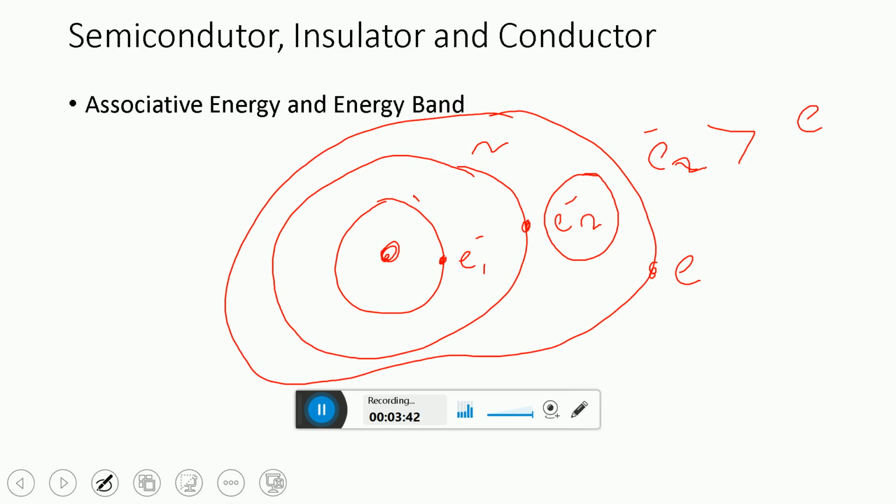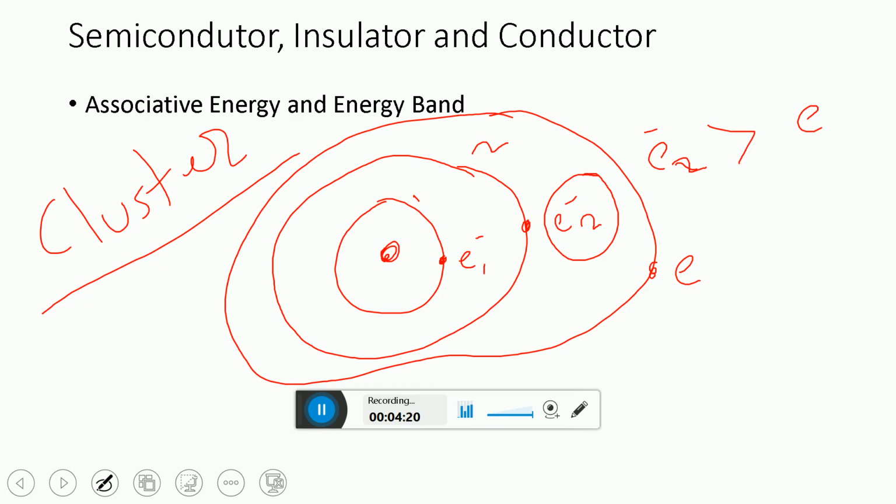If we combine the electrons present in the valence shell and prepare the cluster of all energy levels when the electron is present at the valence shell, that cluster of energy levels of the individual electrons present at a particular shell is known as the energy band.